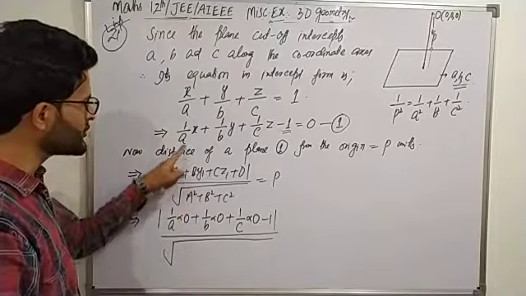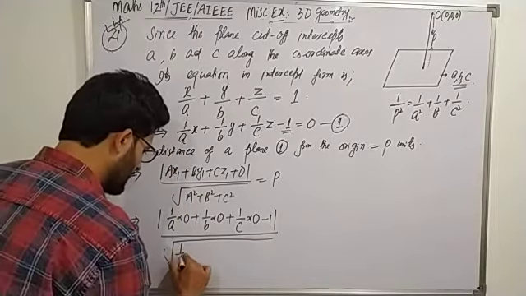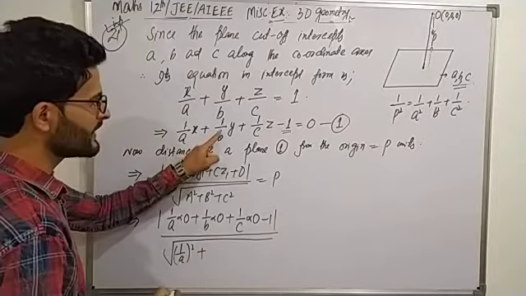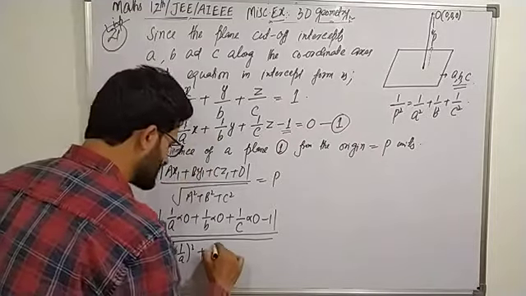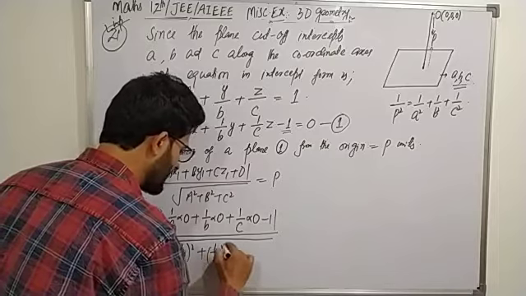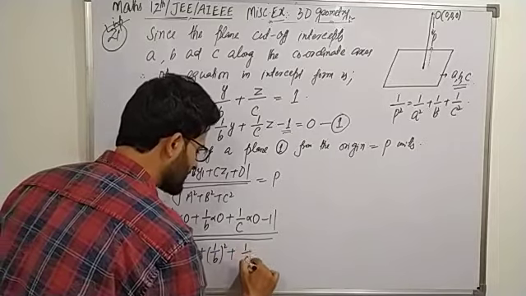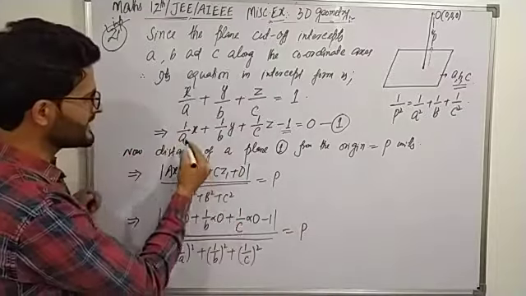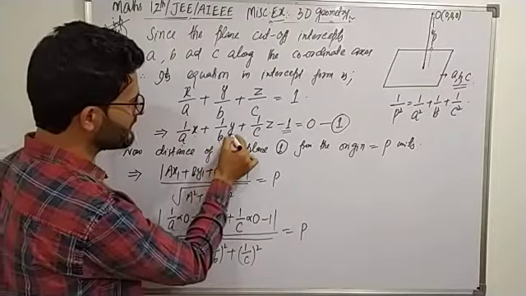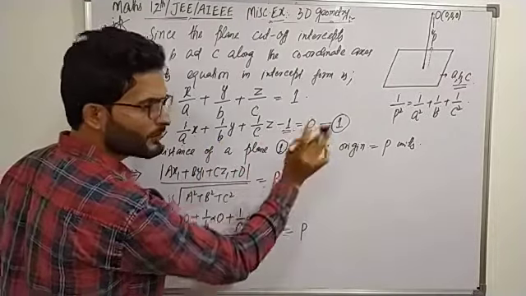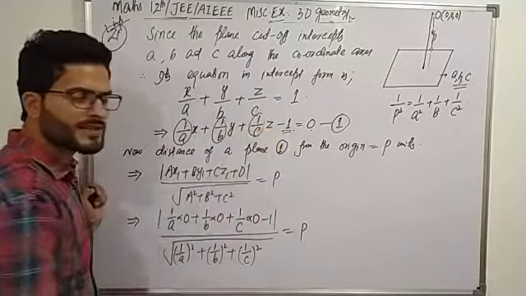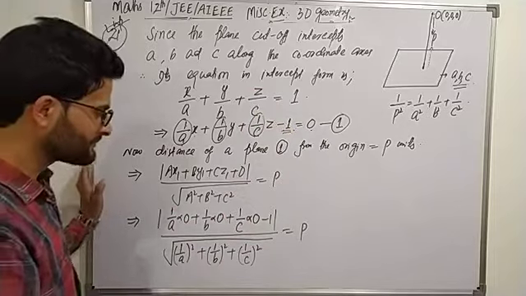A is the first direction number, 1 by a, so 1 by a square, plus b is the second direction number, 1 by b, so 1 by b square, plus the third direction number is 1 by c square, and that must be equal to p, because this is of the form ax plus by plus cz plus d is equal to 0, where a, b and c are its direction numbers.